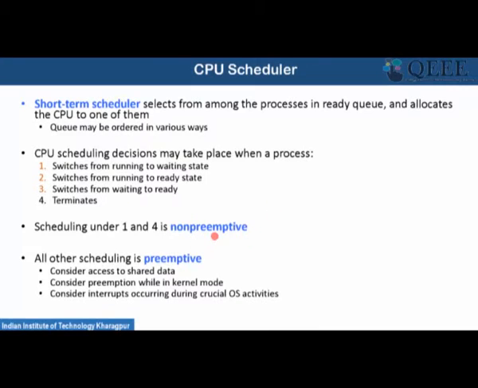Now there can be two modes of operation. One we call the non-preemptive mode, and the second is the preemptive mode. In non-preemptive mode, you are not explicitly preempting the process from execution.